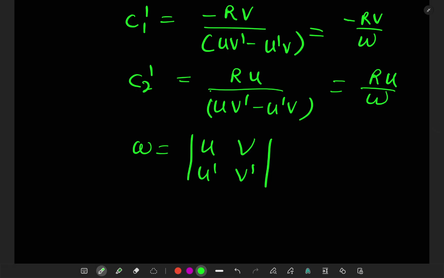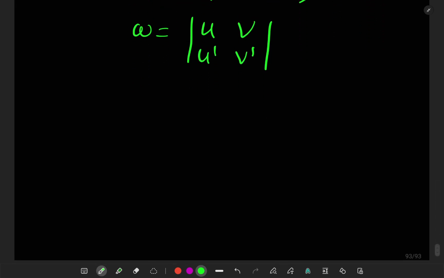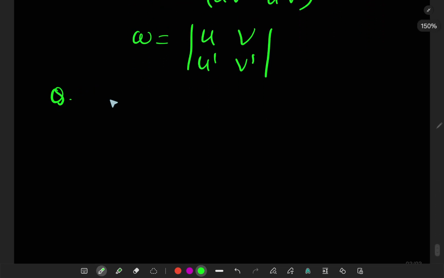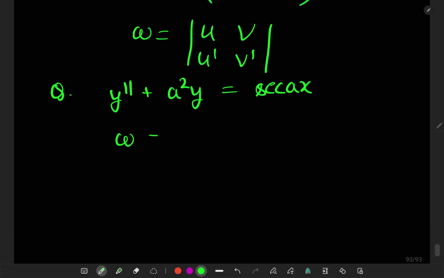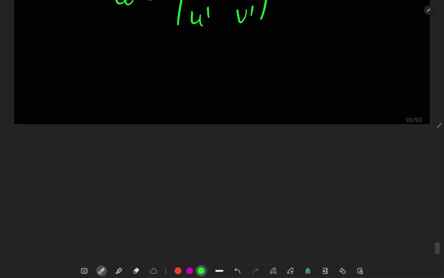Let's do a question on this method for understanding. Y double dash plus a square Y is equal to sec ax. The Wronskian matrix is equal to U V, U dash V dash.